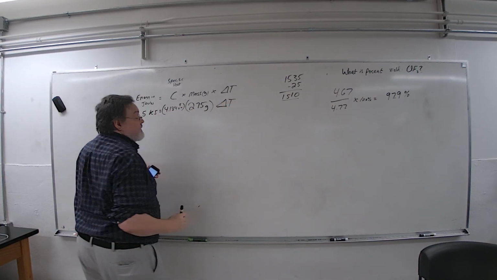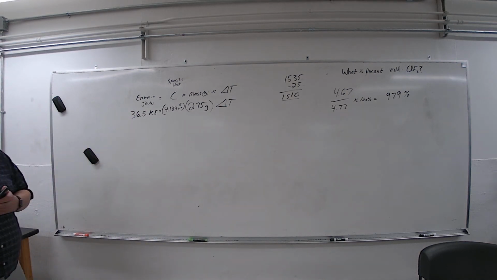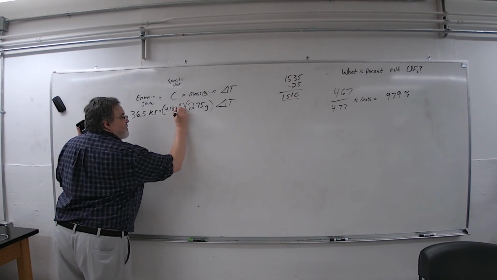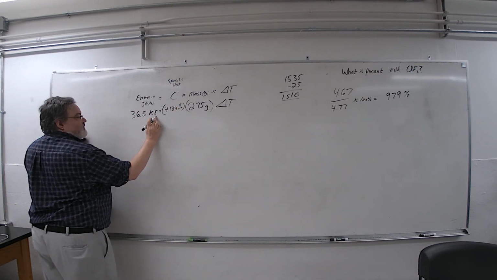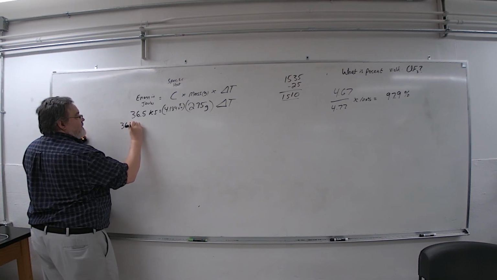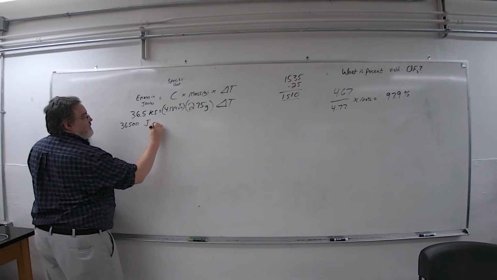And we're solving for delta T. You don't even have to find temperature and final here. You just, what is the change in temperature? Notice this is in joules, and this is in kilojoules. If it were me, I would go ahead and go 36500 joules.